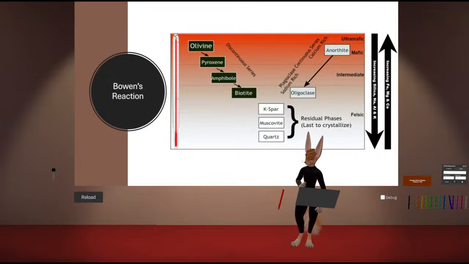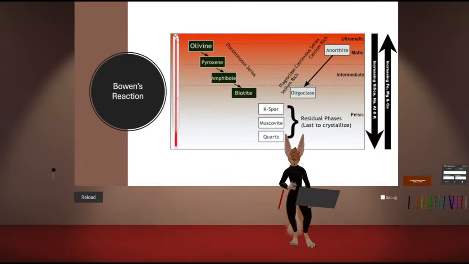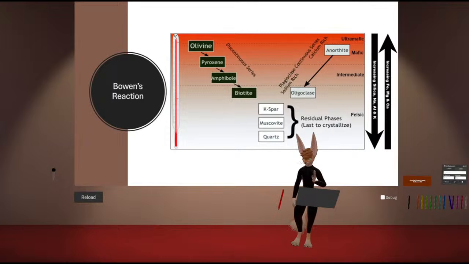Bowen's reaction series explains how certain types of minerals tend to be found together while others never associate with one another. Pyroxene, amphibole, and biotite are lumped together as dark minerals and are relatively high in iron magnesium. K-spar, muscovite, quartz, high in silica.